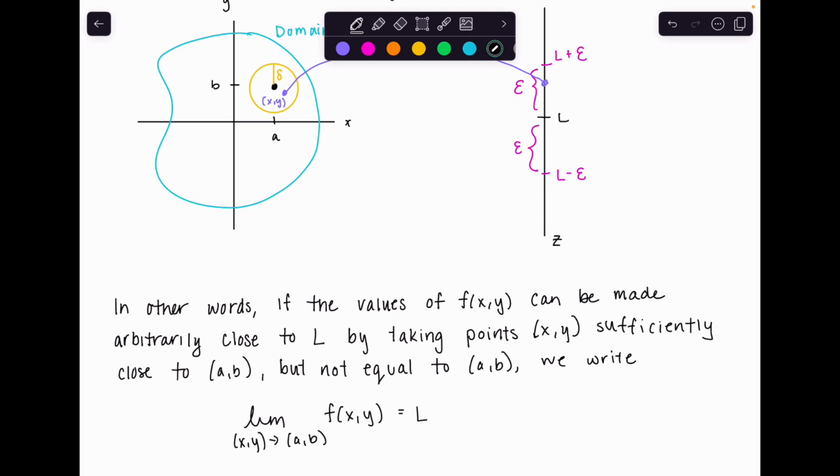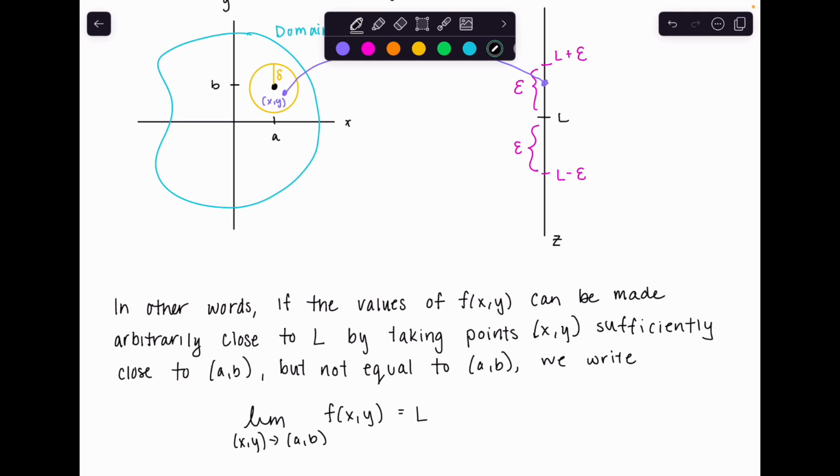Because if you think back in Calc 1, we talked about one-sided limits. If you came in from the left versus from the right, they had to be going to the exact same thing for the overall limit to exist. And if they didn't, the limit did not exist. With this, we don't really have a set way to approach a point in 2 dimensions. You actually have a ton.